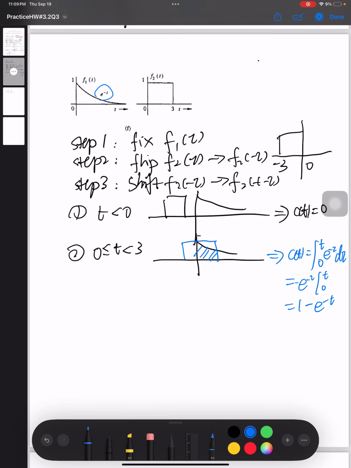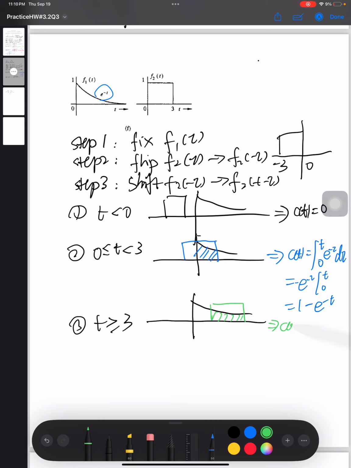And the third situation is t is larger than or equal to 3. If we plot, it's going to look like this, and the integral is this part.